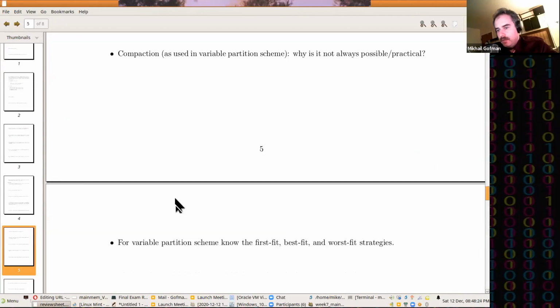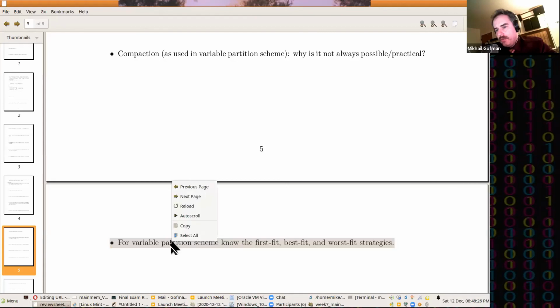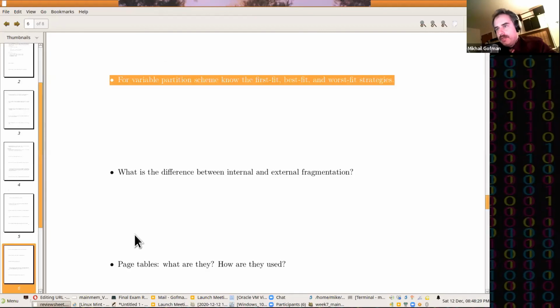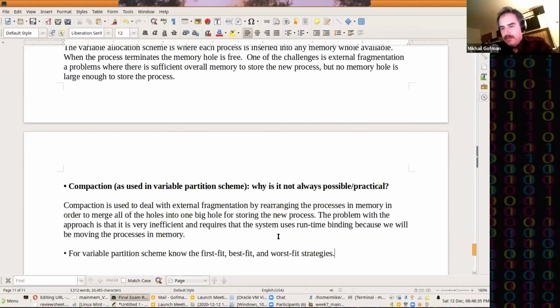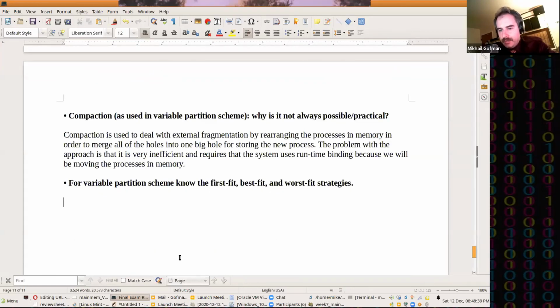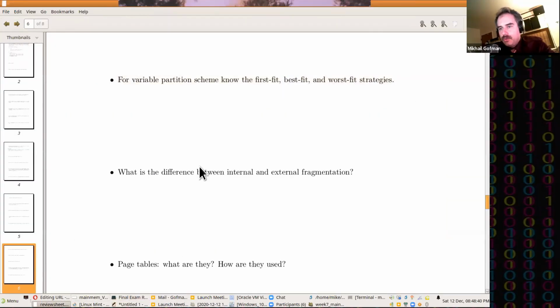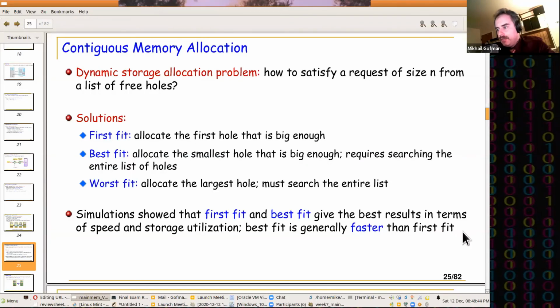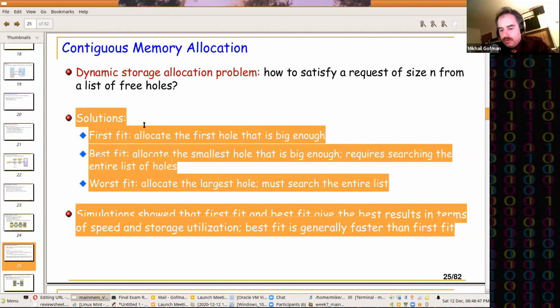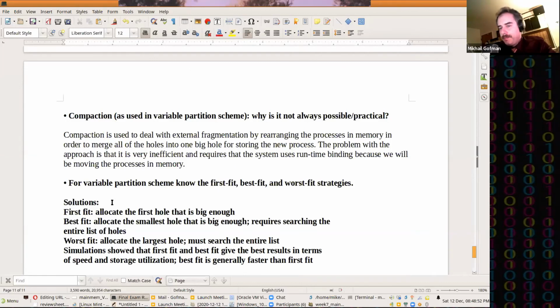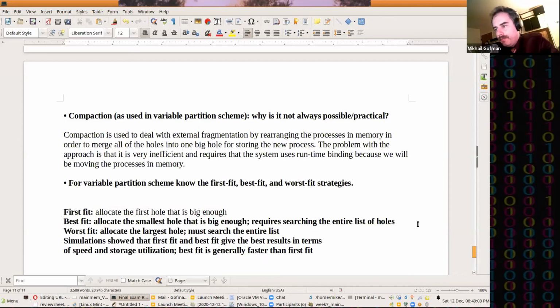And then, we already talked about this for the variable partitions: first fit, best fit, and worst fit. That's right from the slides. So once again, first fit: take the first memory hole that is big enough to store the process and store it there.